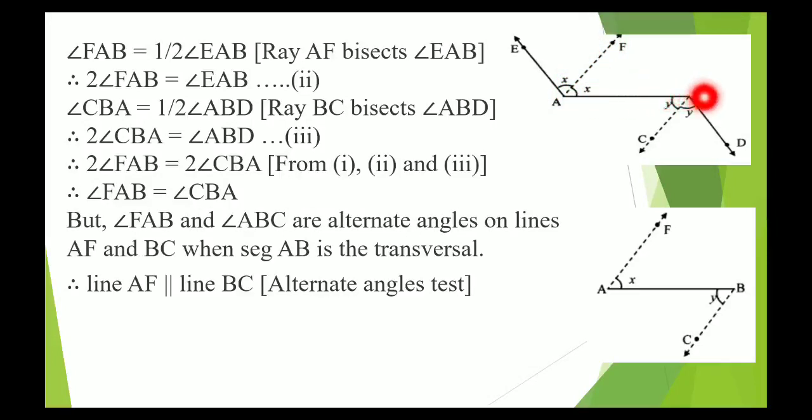FAB is congruent to CBA. If you observe very carefully, we form an alternate angle, that Z-shape angle. So according to the alternate angle test, these angles are formed by ray AF and ray BC using the transversal AB. Therefore, line AF is parallel to line BC according to alternate angle test. Hence proved.